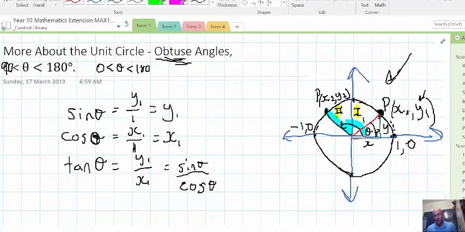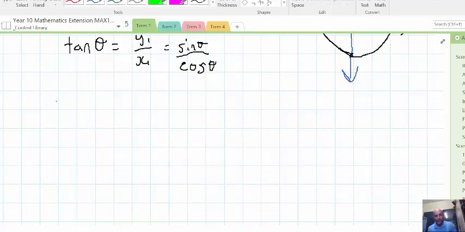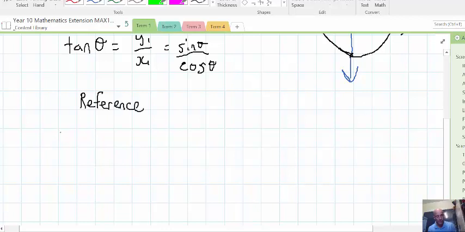So let's say it's 150, it'll only have 30 degrees. You can't fit a right angle in that, so it won't be a right angle, and we have to address that by thinking of a different way of doing things for the second quadrant, for obtuse angles. I have to use an idea sometimes called a reference angle or a related angle.